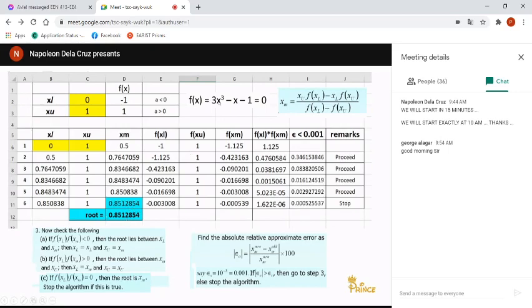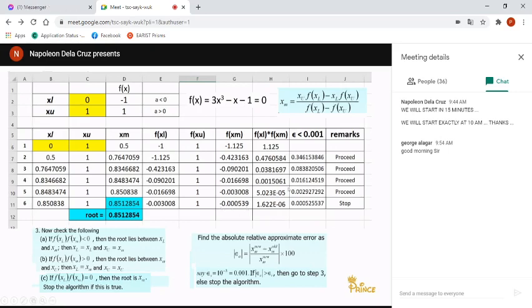You substitute this here, the resulting value will be almost equal to 0. Almost equal to 0. Negative 0.000539. Almost equal to 0.